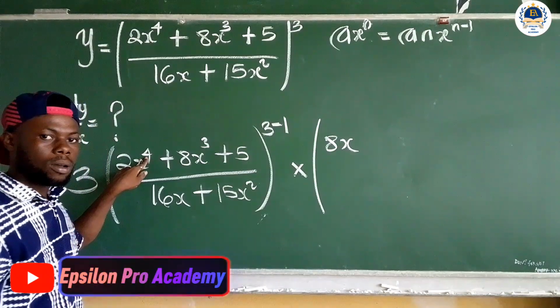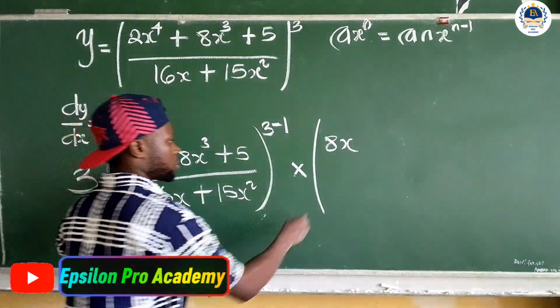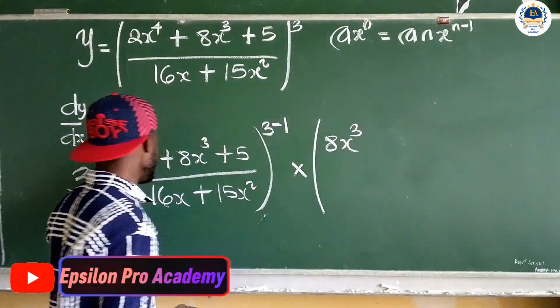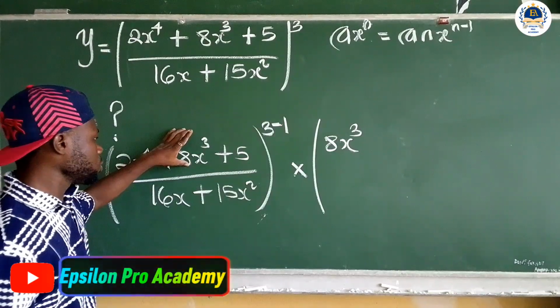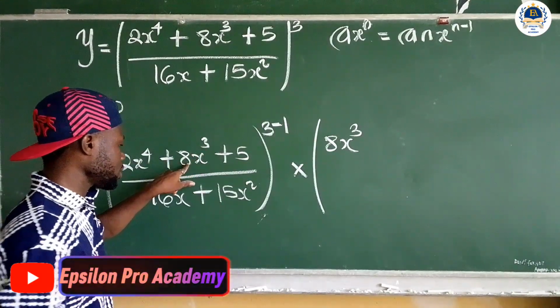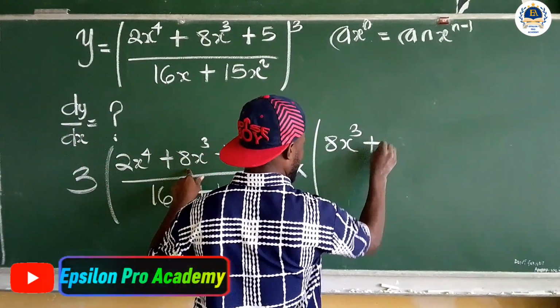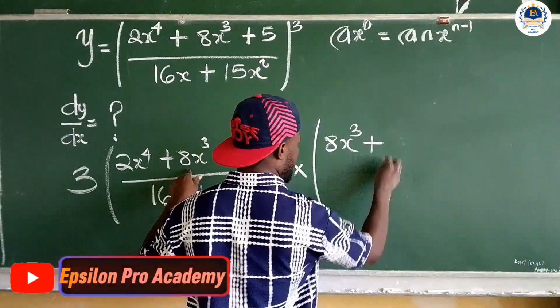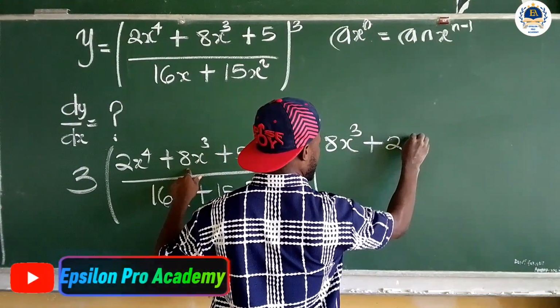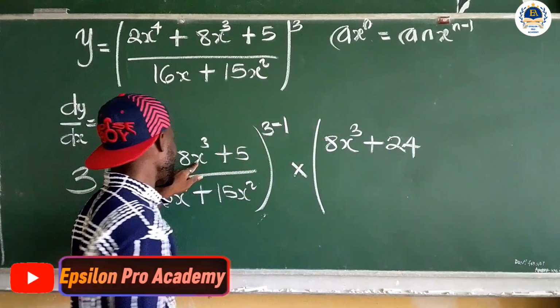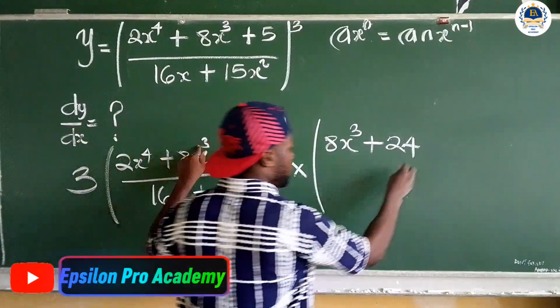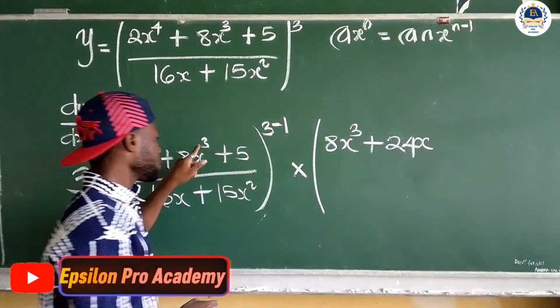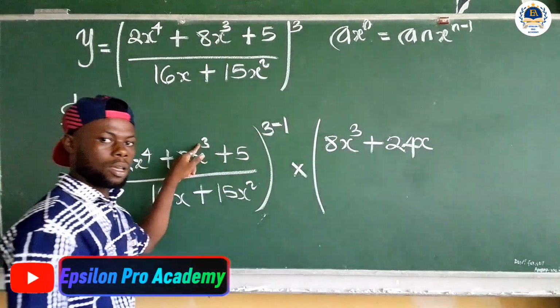Then 4 minus 1 is 3. We are done with this. Over to this, 3 times 8 is equal to 24. Then x raised to the power of 3 minus 1 is 2.